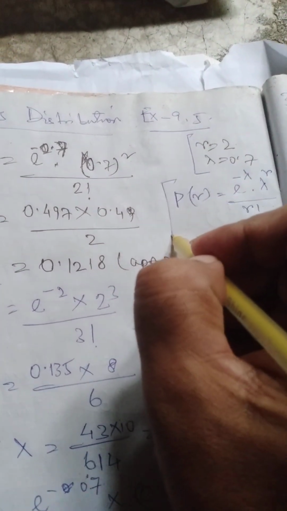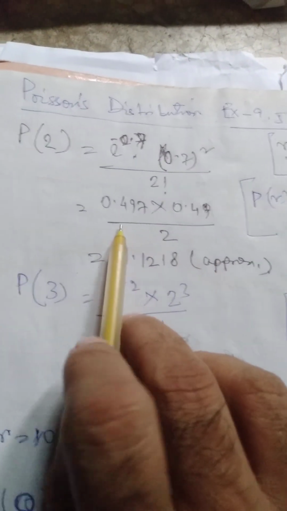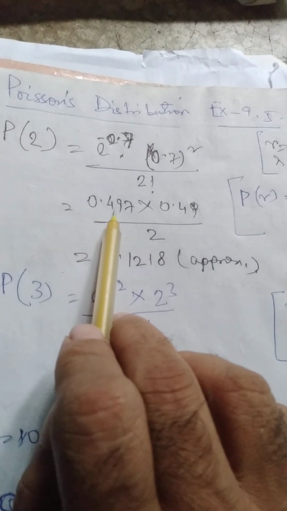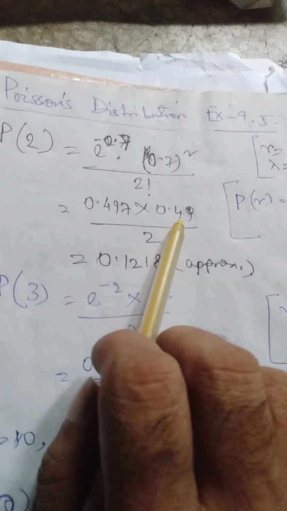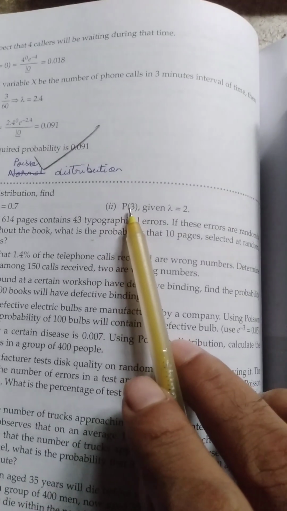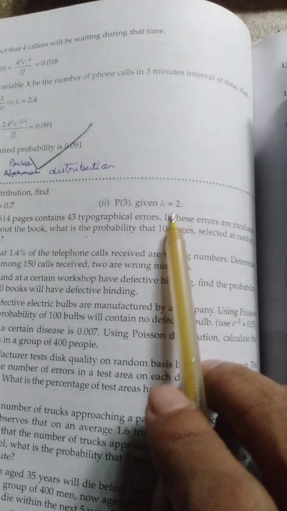This is the basic formula regarding this chapter. e to the power minus 0.7 is 0.497, into 0.49 divided by 2, equals 0.1218 approximately. On the second part, P3 given lambda equals 2.